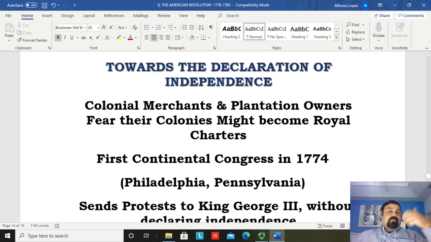And they're not able to trade freely anymore and so on. So this is going to bring together all of those prominent individuals from all the colonies that were engaged in commerce, that own land and enterprises, because they're very concerned about Massachusetts.